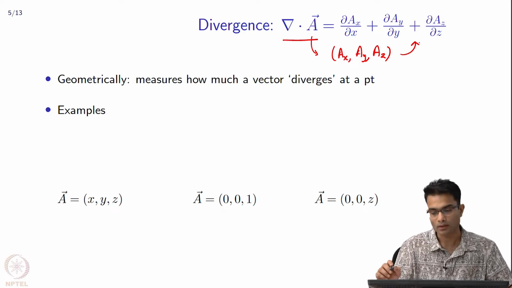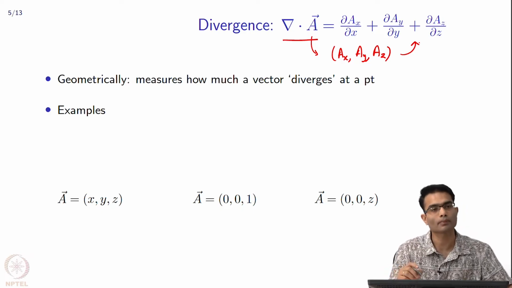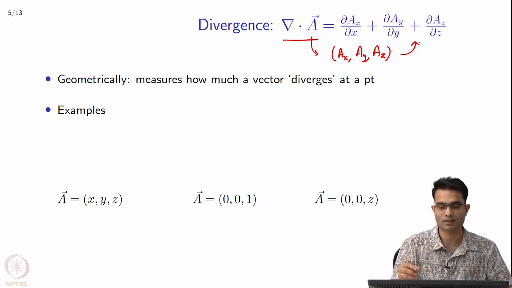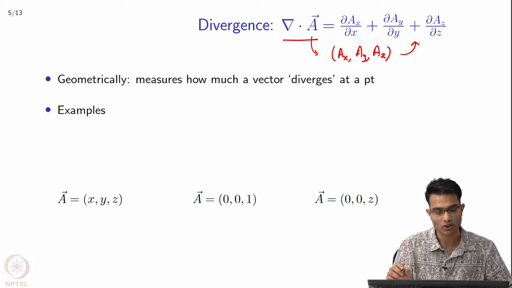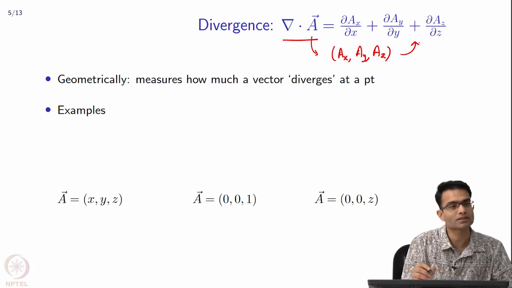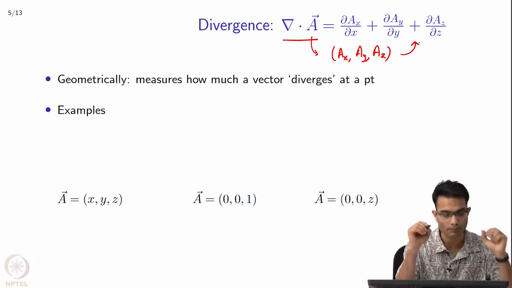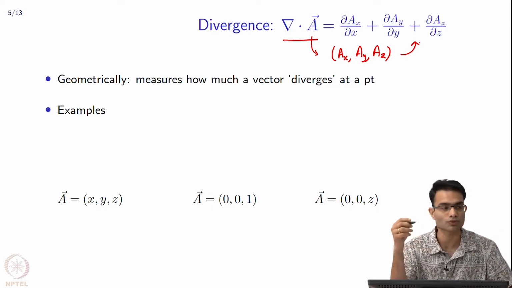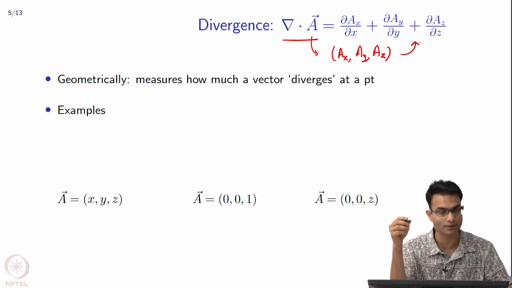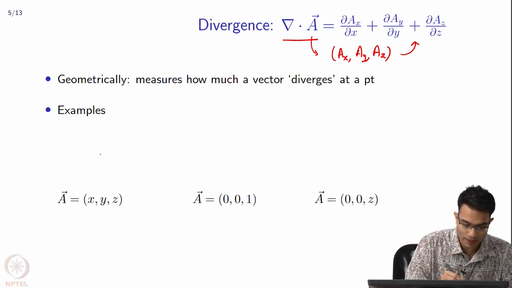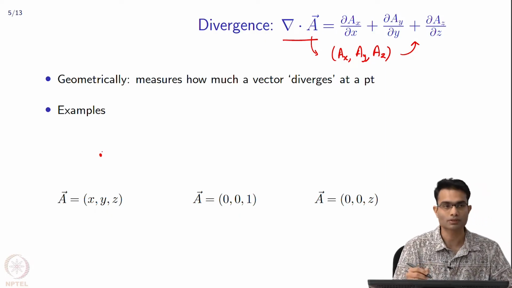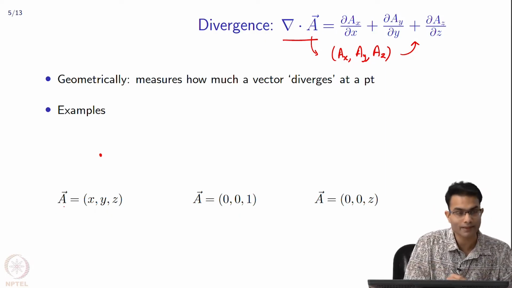Now, there are some very beautiful geometric meanings of what these quantities are. The divergence measures how much a vector diverges from a given point. This is the intuitive geometric picture. Let's take a few examples. Say I have some point over here, let us call this the origin, and I am trying to plot a vector field like this.